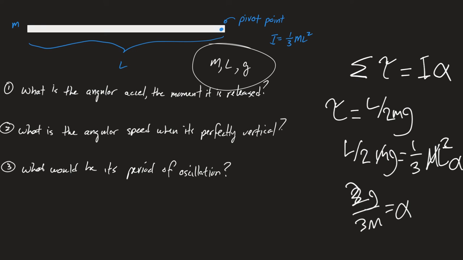Sorry, I had 3g over 2. There should be an eraser tab. Oh, sorry, 2L. I messed up. Now we got there. Excellent.